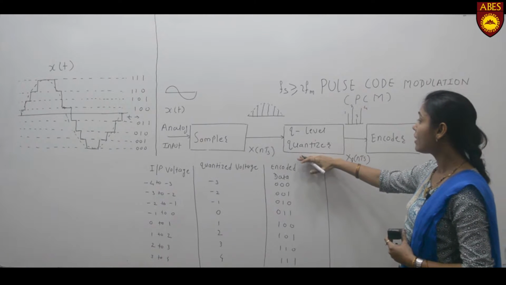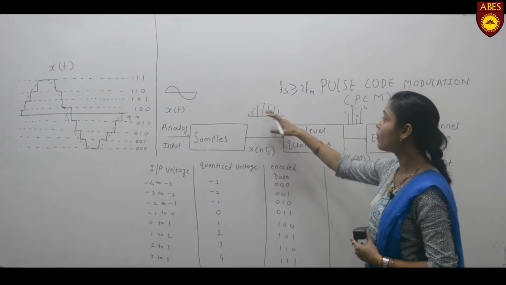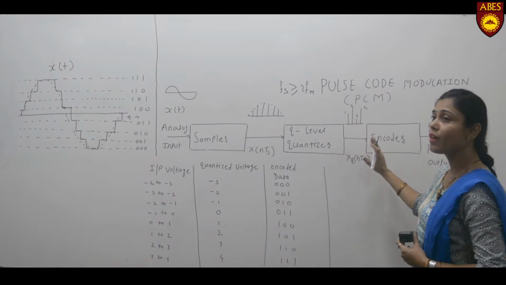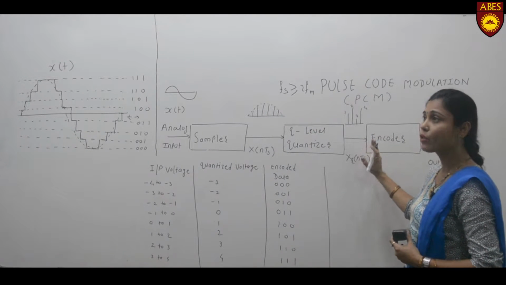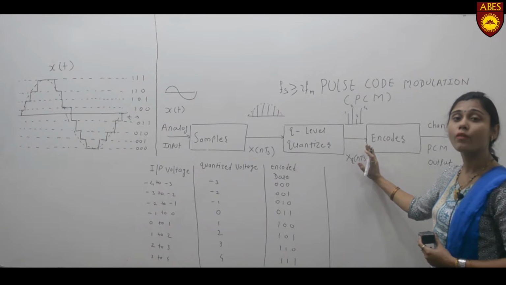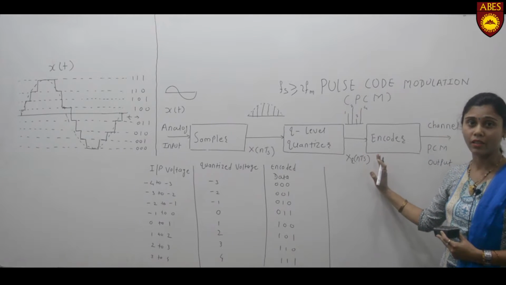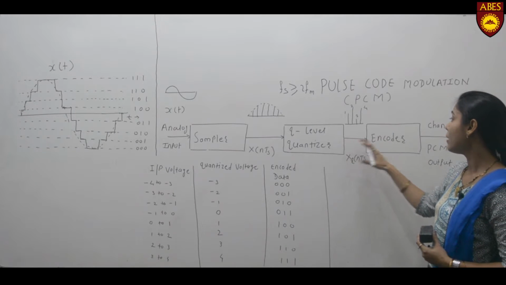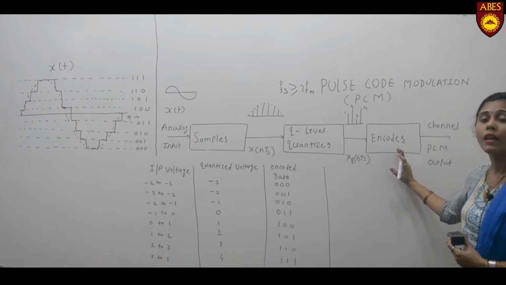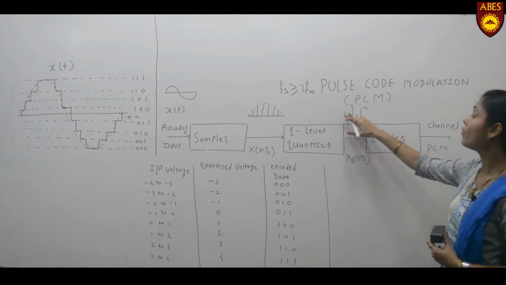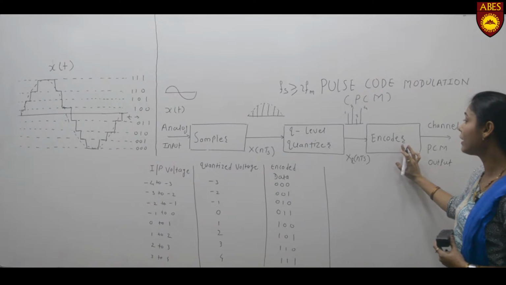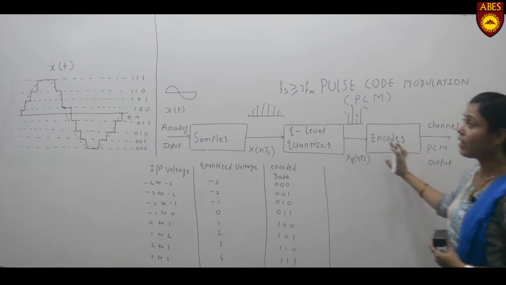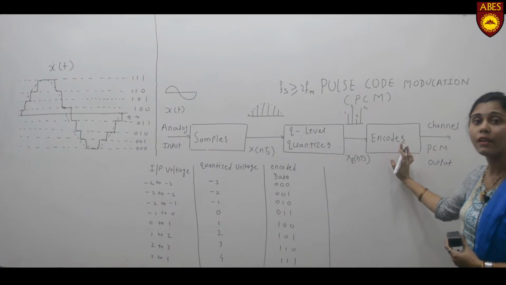Now this quantizer will convert all the incoming voltage levels to a predefined set of levels which are called the quantization levels, or we can say the decision levels, or they are also called the threshold levels. Now these finite values are going to be encoded with the help of the encoder, that is, converted into digital data like a combination of zeros and ones.